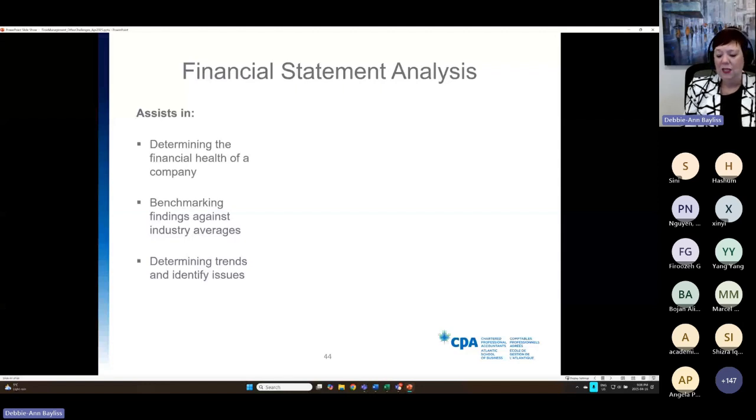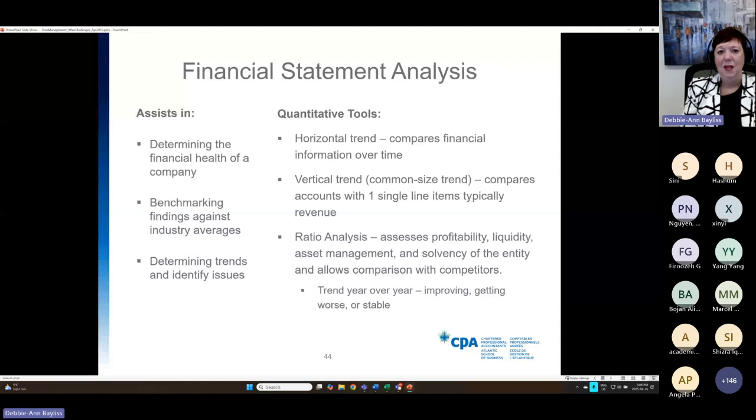Is it getting worse? Is it stable? The different types of analysis you could perform are horizontal, so comparing financial information over time; vertical, or common size trend, that's comparing against one line, normally revenue; and ratio analysis.